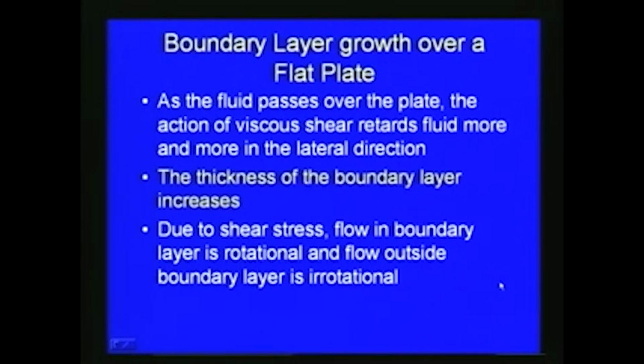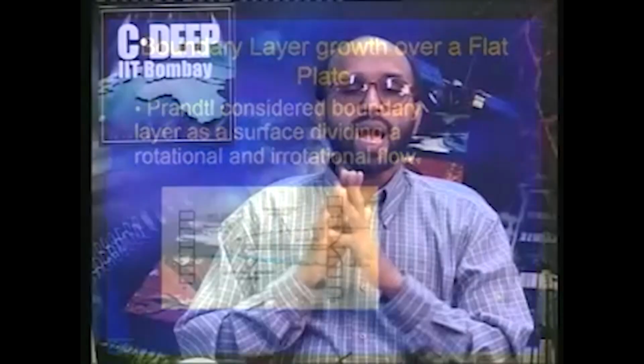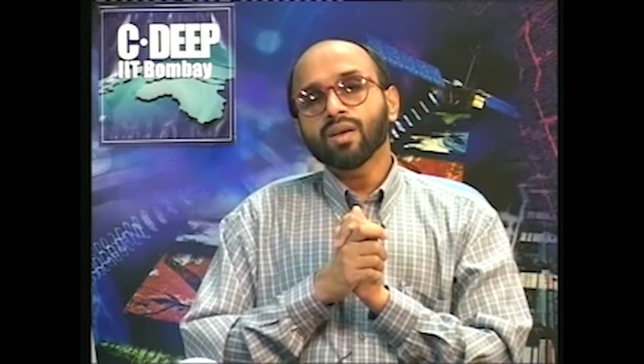Like this, we can define the various aspects of the boundary layer growth and how the system is behaving. At the beginning of the 20th century, the famous scientist Prandtl tried to define the boundary layer, and then he tried to establish certain relationships so that various parameters like velocity and pressure can be calculated with respect to the boundary layer.